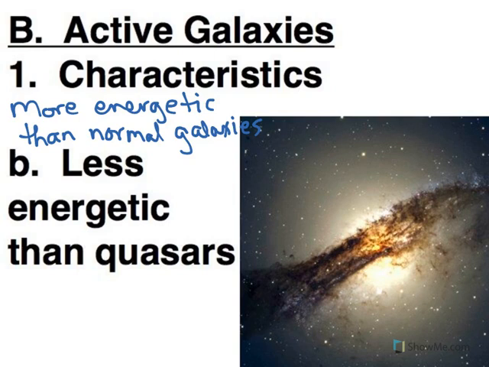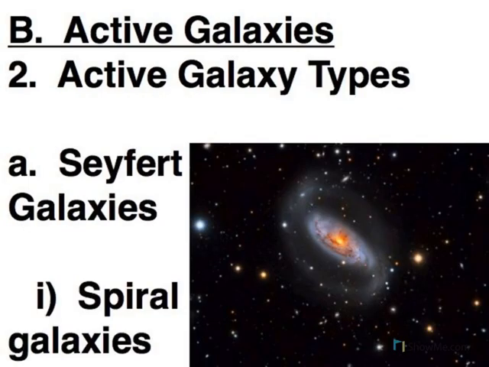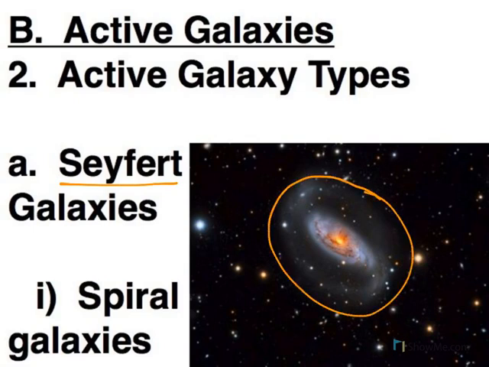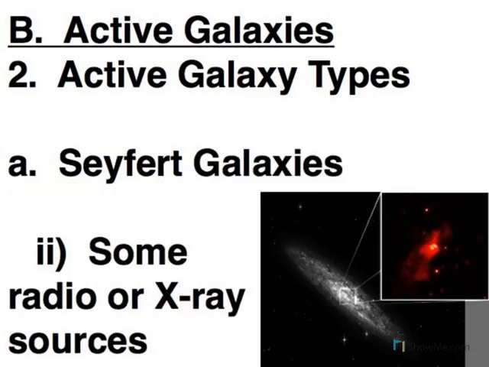And we have two main types of active galaxies. First type are called Seyfert Galaxies, and these are spirals. So here we have a beautiful spiral galaxy, which is a Seyfert Galaxy. Some of the characteristics of Seyferts: they give off a little bit of radio, a little bit of X-ray.